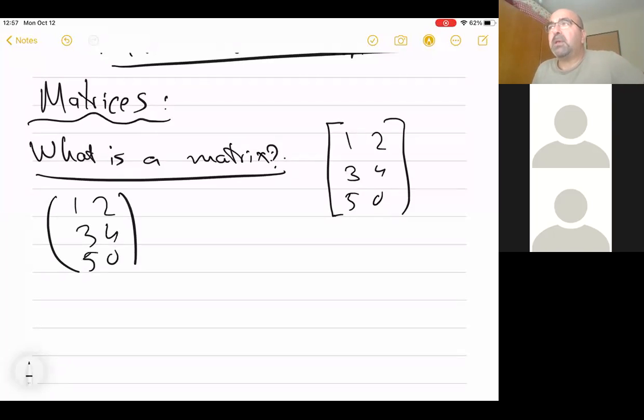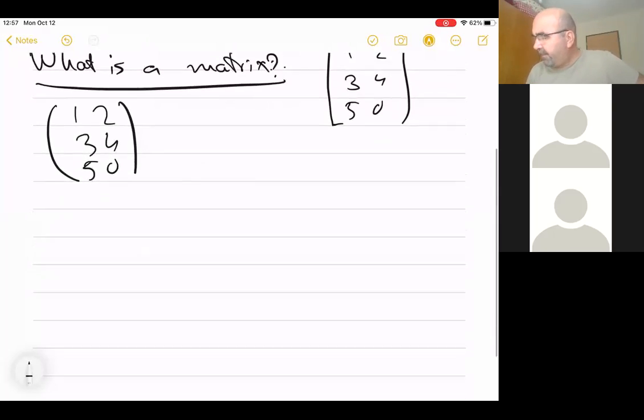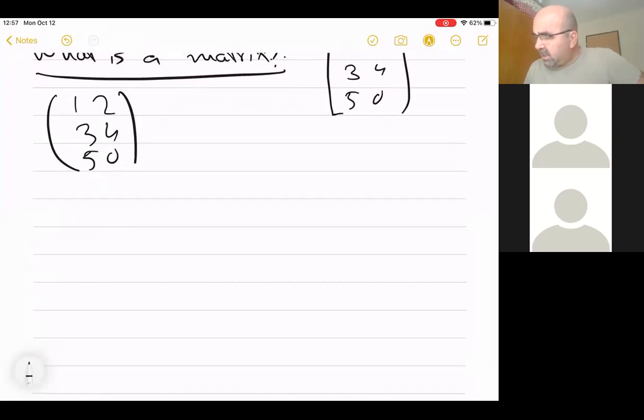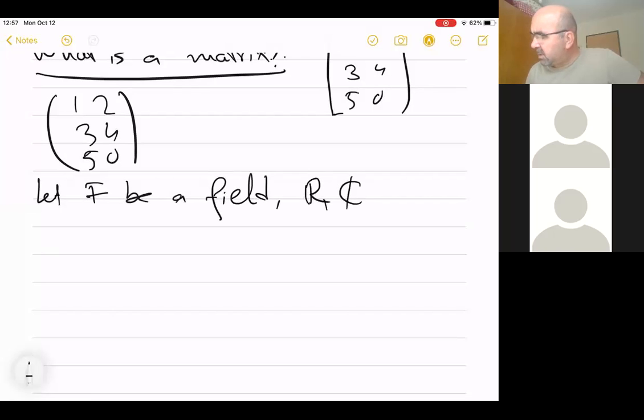These numbers might be either real numbers or complex numbers or anything else. But for us, it will always be complex numbers, real numbers, sorry. So for this, let F be a field, which is either real numbers or complex numbers, nothing else.